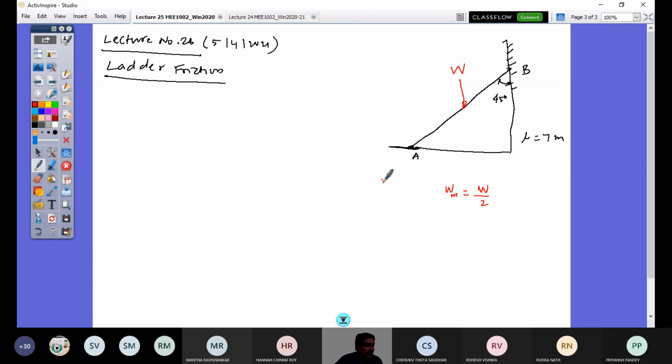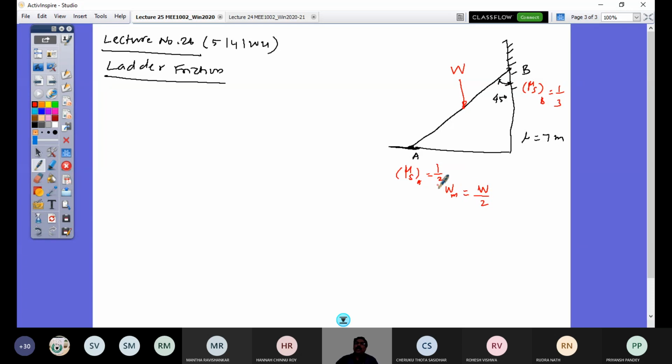For the wall, the mu_s value at point B is 1/3, whereas the mu_s value at point A is 1/2. So the roughness at the floor is higher than that of the vertical wall. So this is all given.